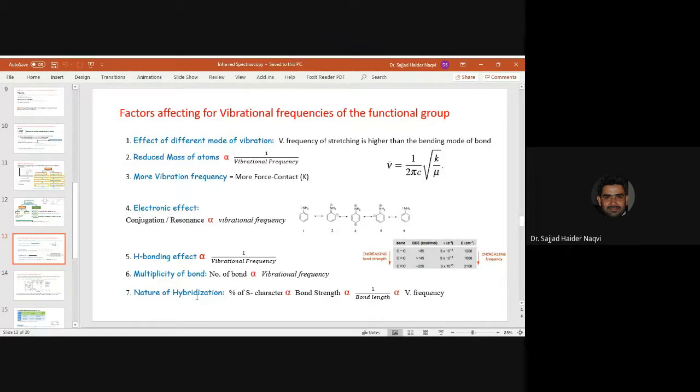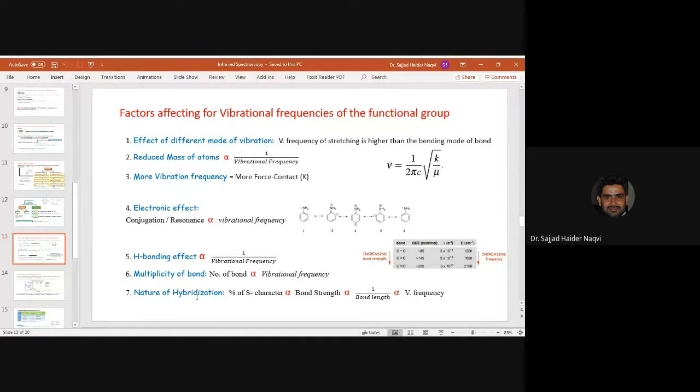So let me quickly summarize the factors affecting the vibrational frequency. Why are we talking about vibrational frequency? Because vibrational frequency is the foundation of IR spectroscopy. So the factors affecting vibrational frequency will definitely affect the IR spectrum.